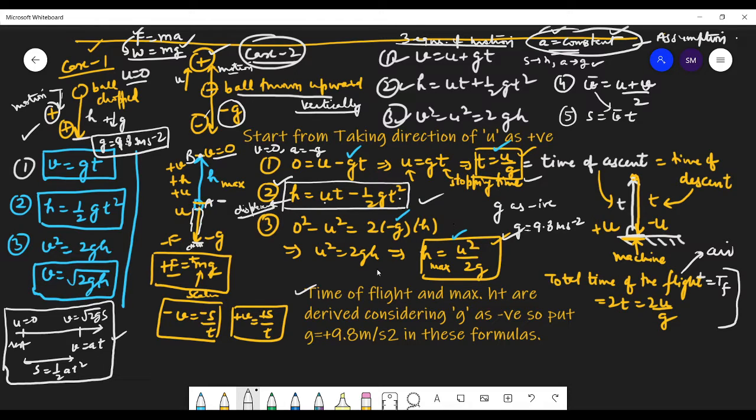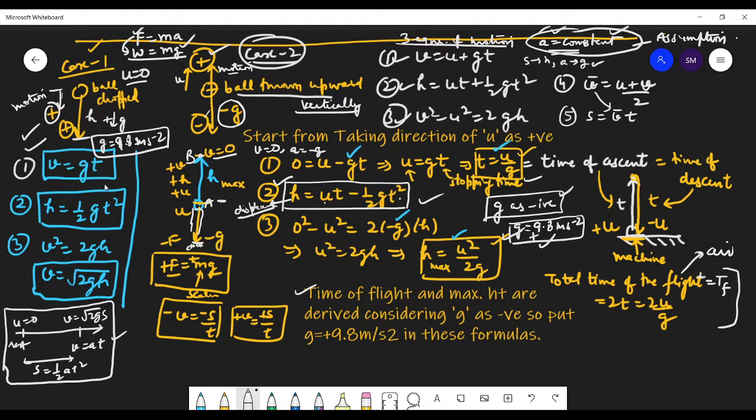And students, another important thing I'm discussing with you is that you have derived this formula by considering g as negative. So if you are using these shortcut formulas, you always have to take g as negative, because we have taken g as negative when the ball is thrown upward.